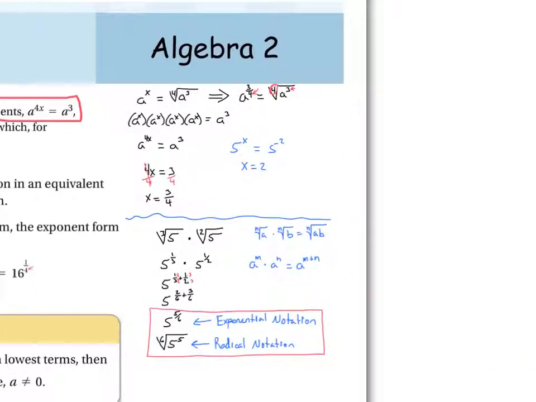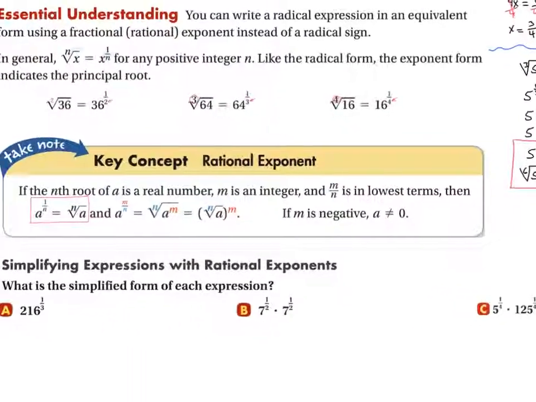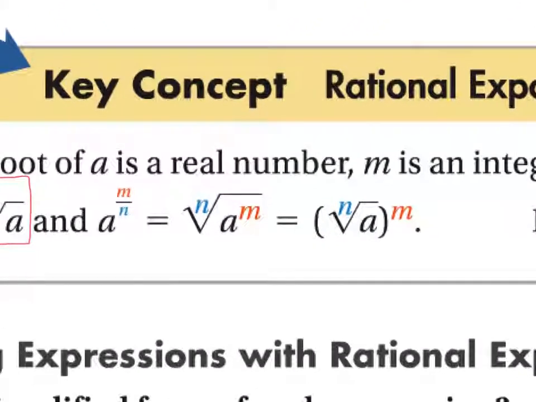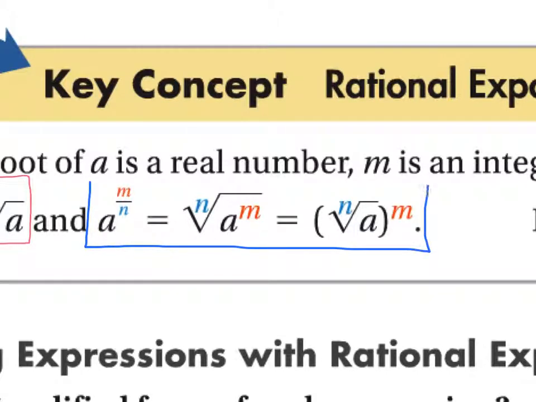Okay, so in our notes here we have a key concept for rational exponents. Right here is our key idea. If we have a to the m over n power, so it's a rational exponent, rational exponent means a fraction exponent.